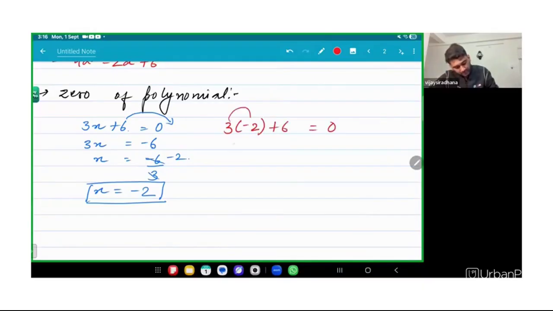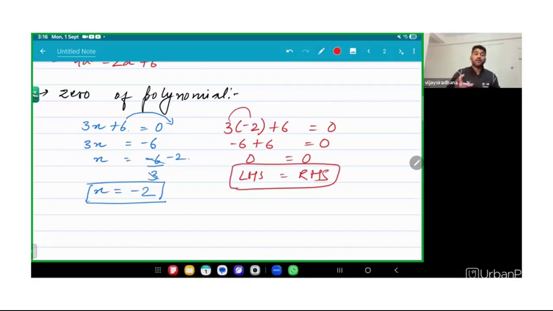So 3 into minus 2 is minus 6, plus 6 is equal to 0. So 0 is equal to 0. LHS is equal to RHS. And for zeros of a polynomial, this is what we require. So for this equation, the zero of this polynomial will be x is equal to minus 2.